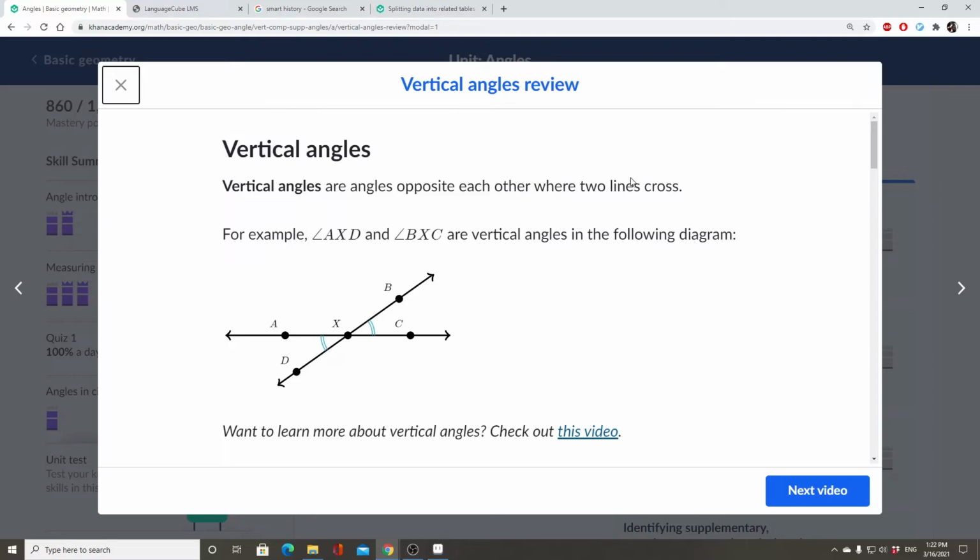Okay, so I just watched the vertical angles review as the last review for this section. Sometimes when I'm watching the videos, I sort of zone out a bit. I have ADHD. That's one of the reasons why learning math was quite challenging in the first place. But I'm also dyslexic. It doesn't help with number patterns and stuff like that.